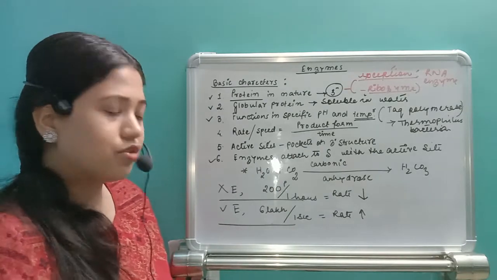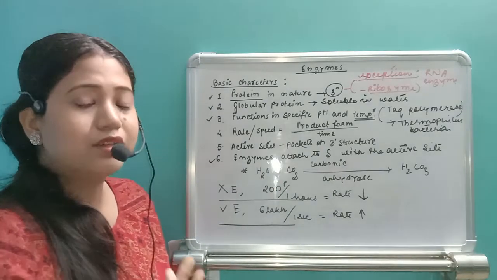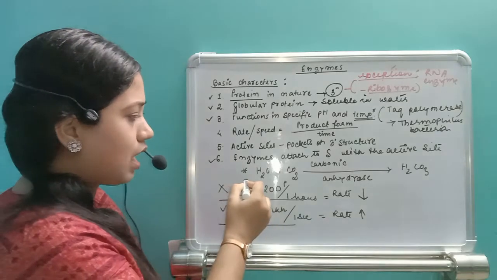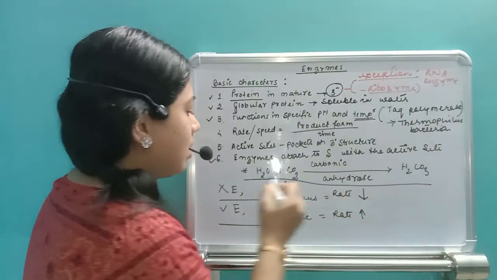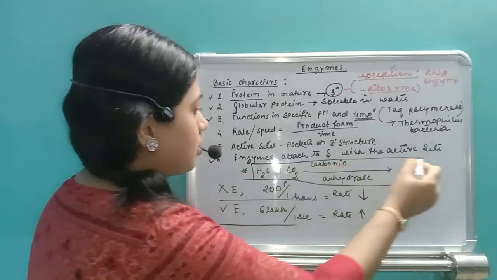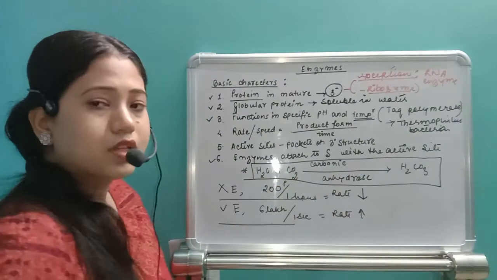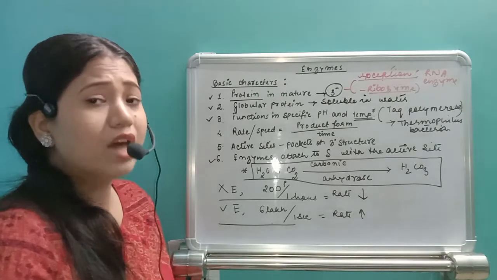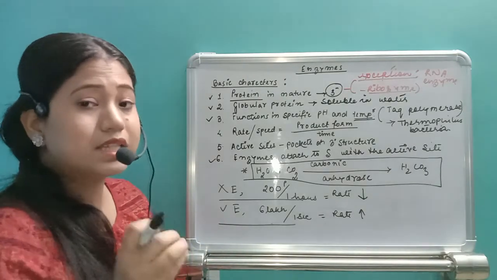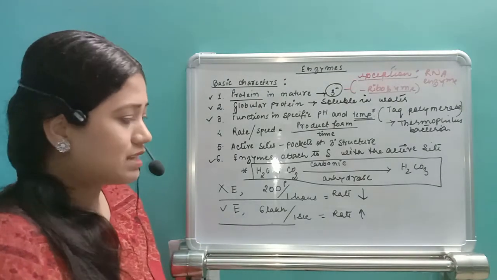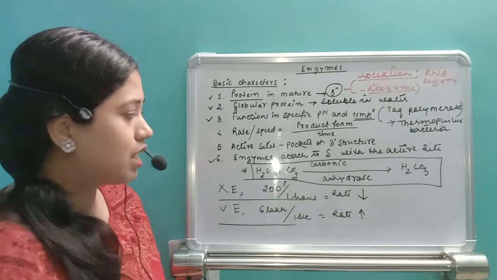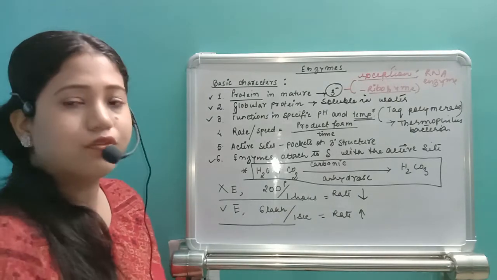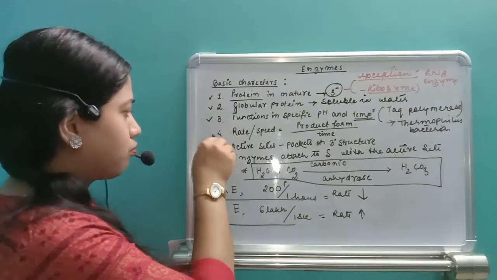That carbonic anhydrase makes faster the reaction that occurs inside the RBCs, that is the water binds with carbon dioxide in presence of carbonic anhydrase to produce 6 lakhs of carbonic acid in 1 second. So that is the rate of a reaction. So I have told you the fourth point.